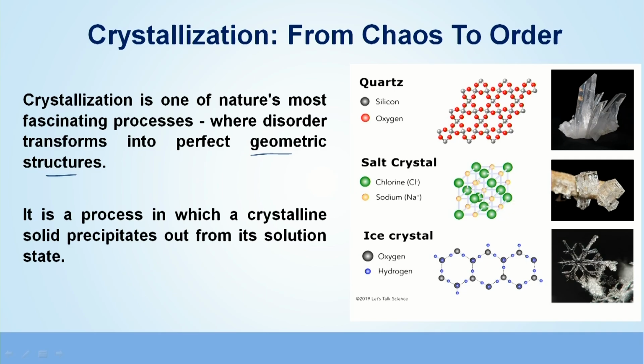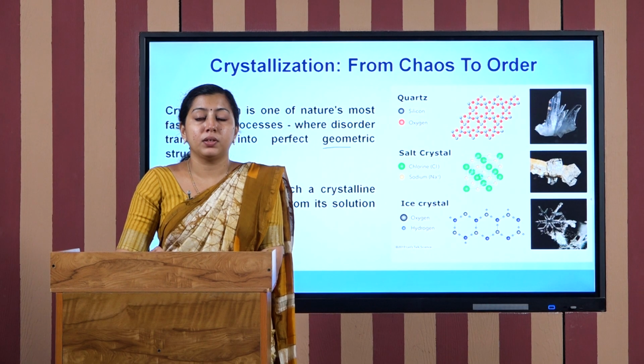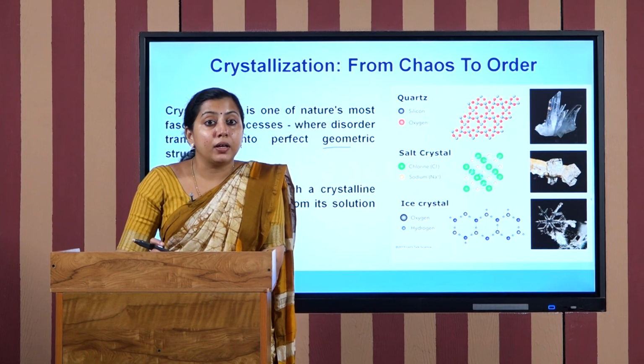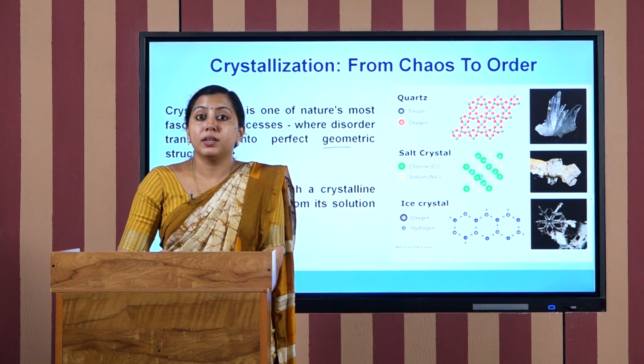On the screen you can see beautiful images of various crystals: quartz crystal, sodium chloride crystal, then ice crystals or snowflakes. So, what is crystallization? It is a process in which a crystalline solid precipitates out from its solution state. From the solution, the constituent particles will be regularly arranged in a well ordered pattern to form beautiful crystals, and this process is called crystallization.